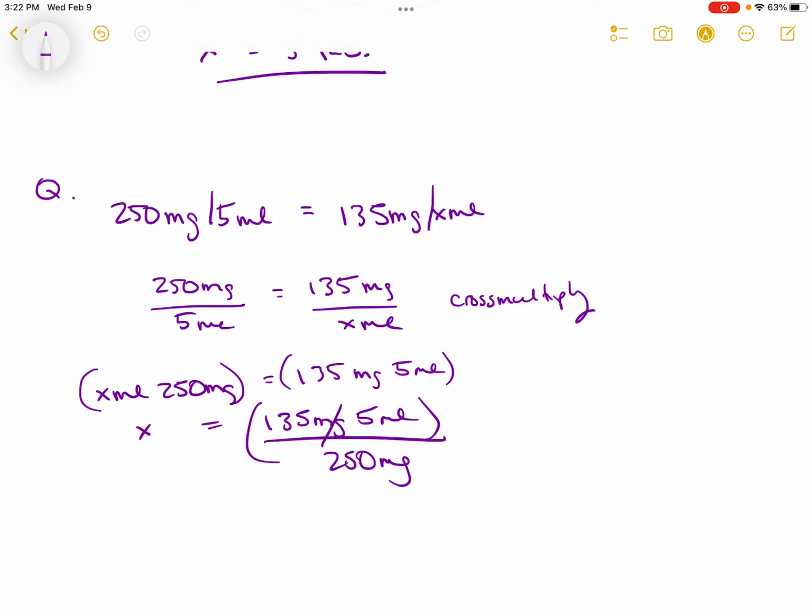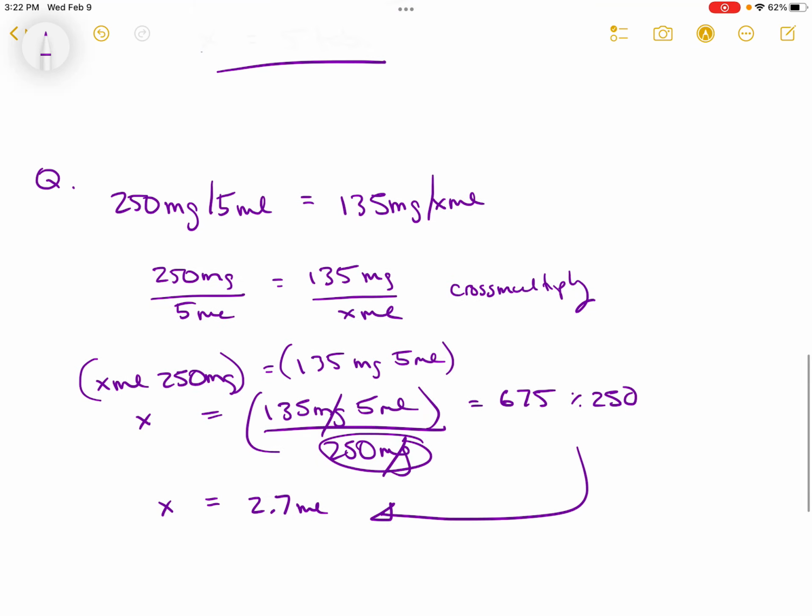We get rid of those units, and X becomes 2.7 mLs, because what we did was 135 times 5, which equals 675, and then we divide it by 250, which gives us 2.7 mLs.